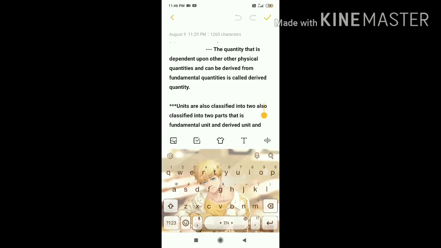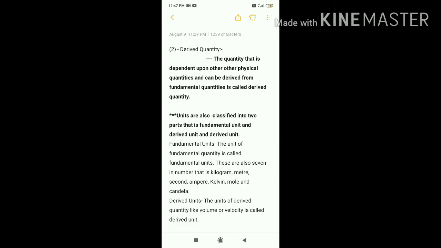Now let's come to the classification of units. Units are classified into two types, fundamental unit and derived unit. It's just the same as quantities. The units of fundamental quantities are called fundamental units and the units of derived quantities are called derived units.